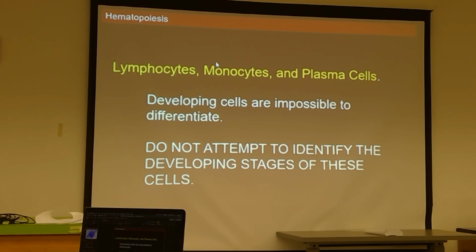The lymphoid restricted stem cells, we don't have to go through the lymphoblast to the large lymphocytes, to the medium to the small. We're not doing that line. For the myeloblast to promyelocyte, we're only doing the neutrophil side. And then the platelet line, we're only doing megakaryocyte to platelet.